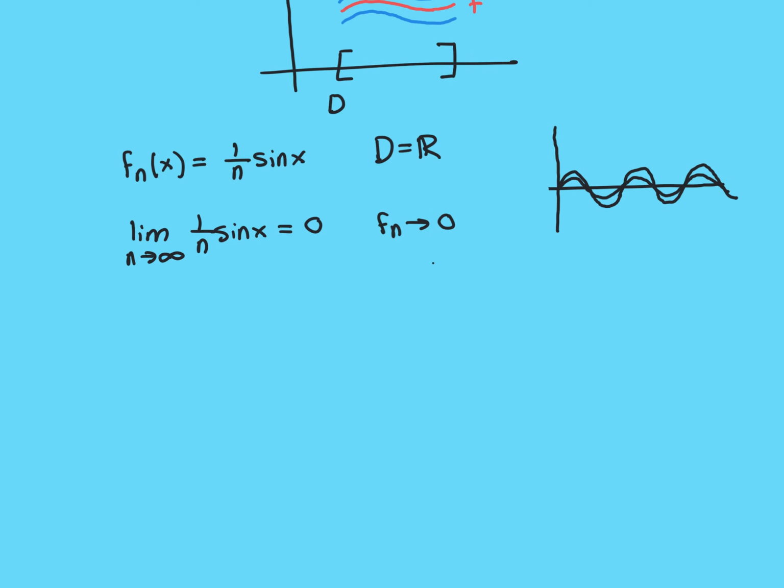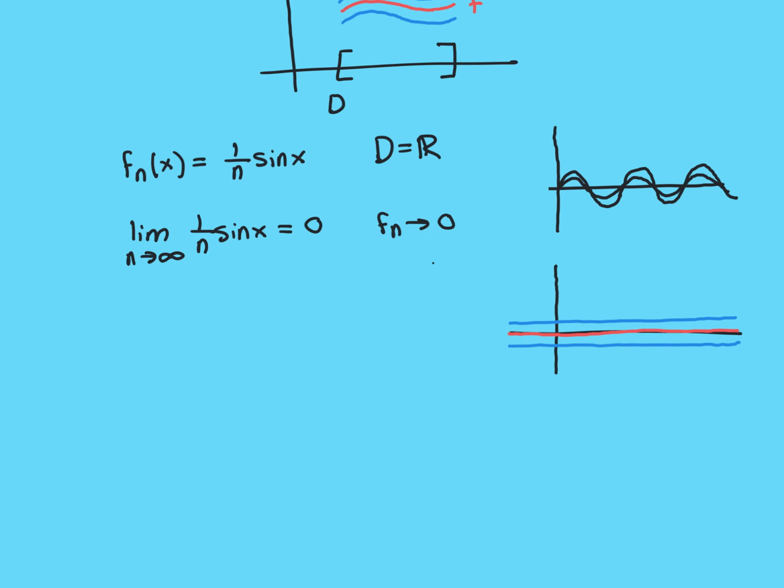Let's now ask, does it converge uniformly to that 0 function? And you can probably appreciate that yes it does, because if we draw our limit with the tube, here is our limit, which is the 0 function, and I've taken some epsilon and drawn this epsilon interval around the limit all the way along.